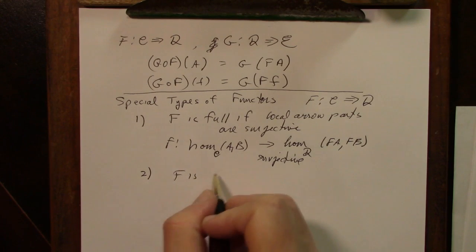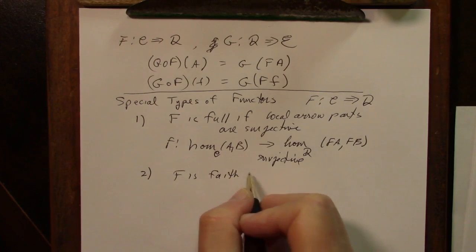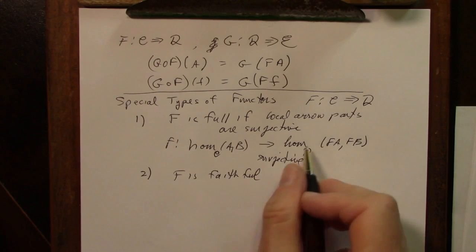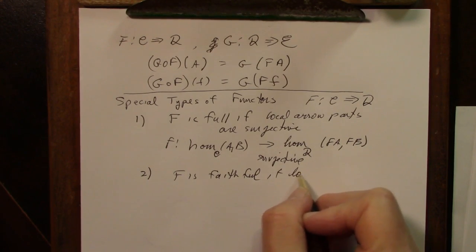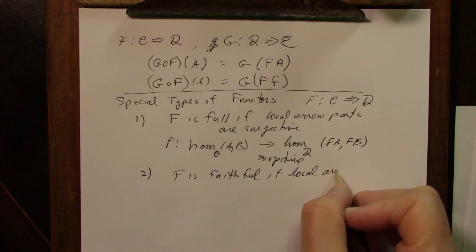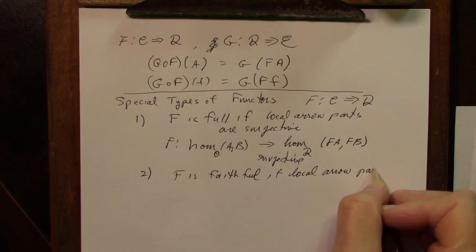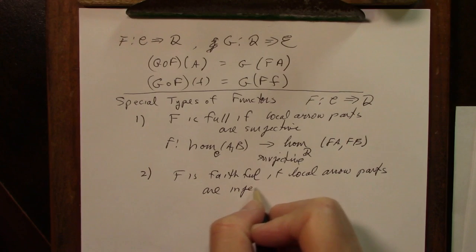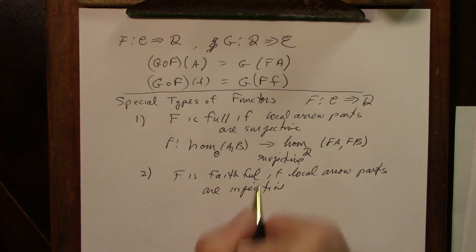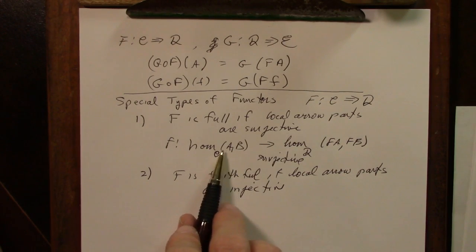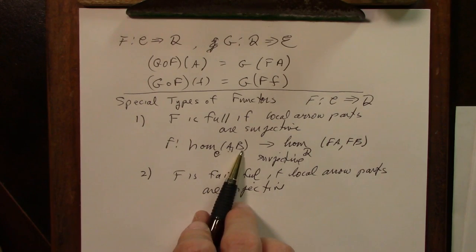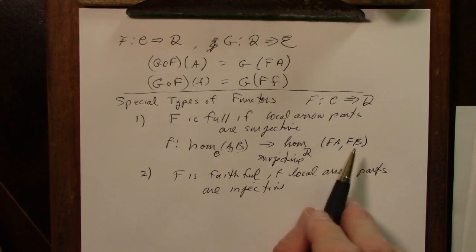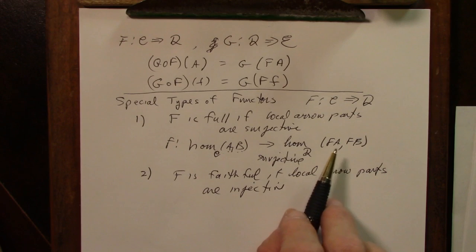F is faithful if the local arrow parts are injective. So two distinct morphisms from A to B will be sent to distinct morphisms from FA to FB.